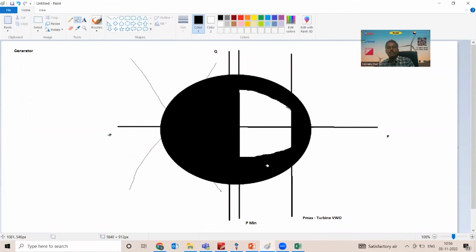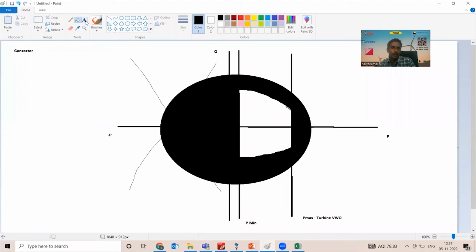Then on the reactive power consumption side, we have two different constraints: end ring heating and the stability constraints. And on the reactive power generation side, you have the constraint of rotor heating.